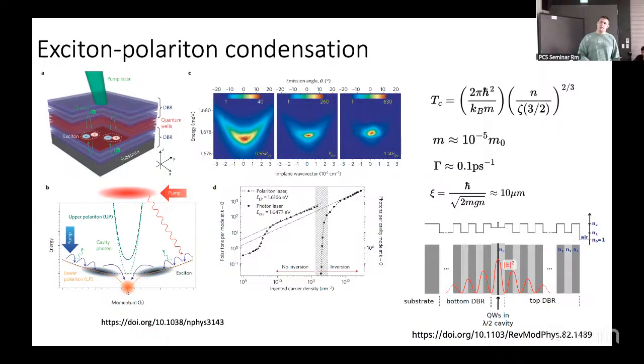The B chart of this picture demonstrates the pumping scheme, or excitation scheme, of exciton polariton condensate. We assumed, and experimentalists used, the red one. It's called non-resonant pumping scheme.